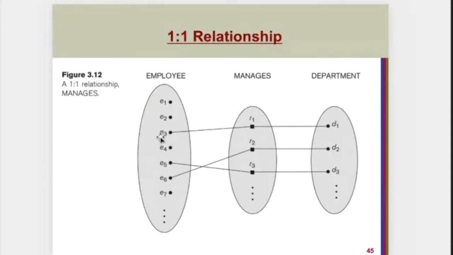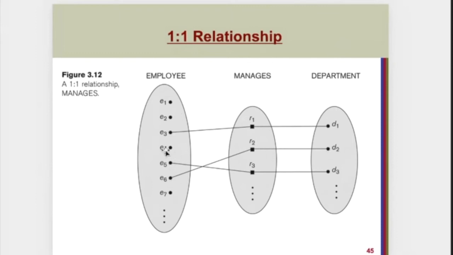Look here. One occurrence of this employee, which is E3, is linked to one occurrence of department D1. Similarly, another occurrence E5 is related to one occurrence of D3. E6 is related to D2.